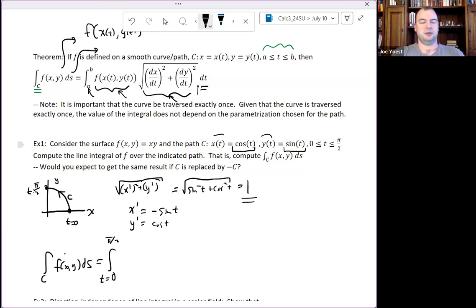I want to substitute in my parameterization. So x times y turns into cos of t times sine of t. This is x times y times 1. This is our square root of stuff, dt. This 1 dt is what ds is.